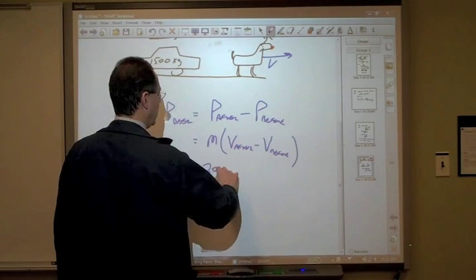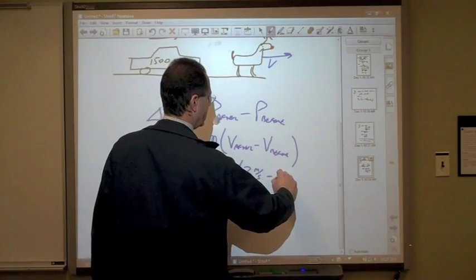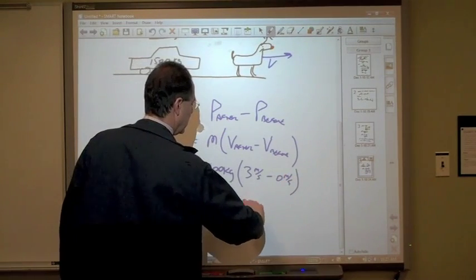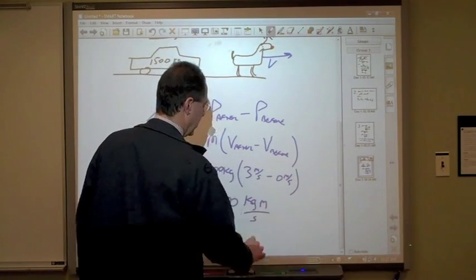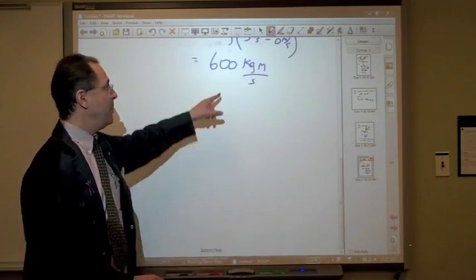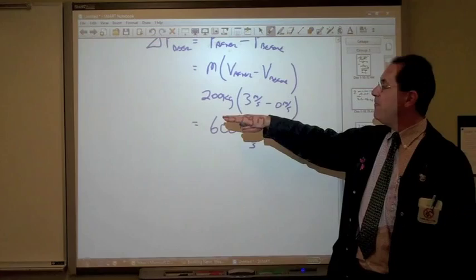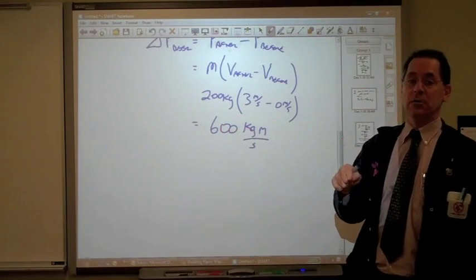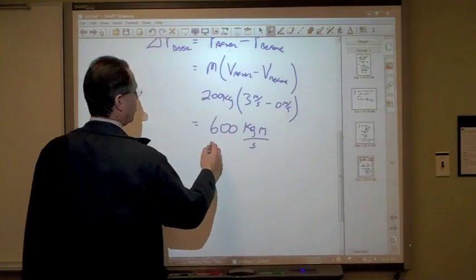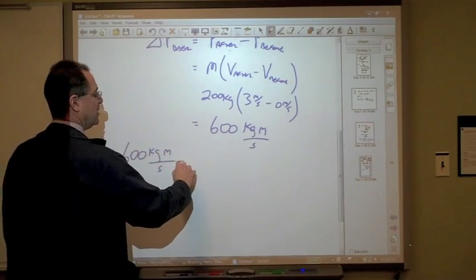Or 200 kilograms times 3 meters per second minus 0 meters per second, or 600 kilogram meters per second. That's his change in momentum. In order for that momentum to change, he would have to have an impulse, wouldn't he? A force applied on him by the car in order to get this momentum to change.